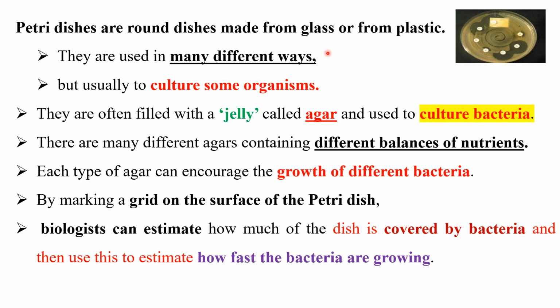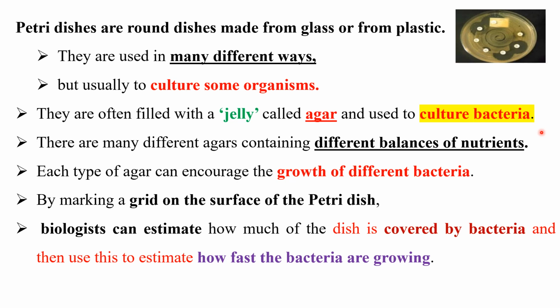These are used in many different ways in laboratories and in the biology field, but usually to culture organisms. Culture means to cultivate or grow organisms. On the petri dish, we often fill it with a jelly substance called agar that is used to culture bacteria, the media or food of bacteria.